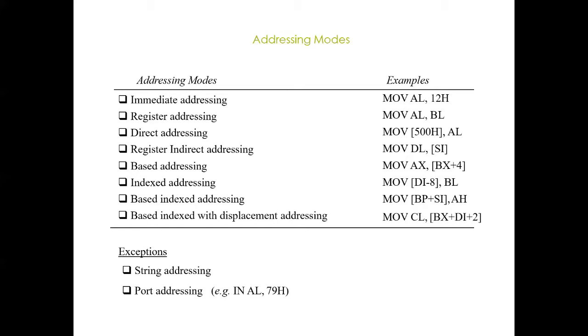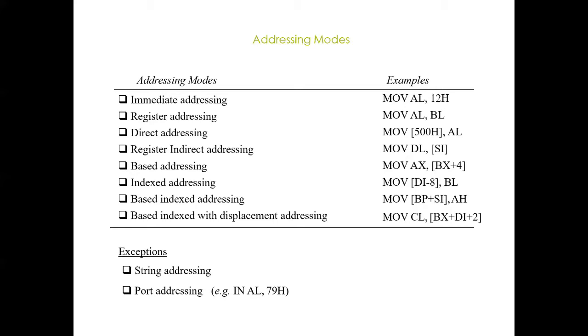The operand's offset is the sum of an 8-bit or 16-bit displacement and the contents of the base register BX or BP. BX is used as base register for data segment and BP is used as a base register for stack segment. Offset or effective address is equal to BX plus 8-bit or 16-bit displacement.